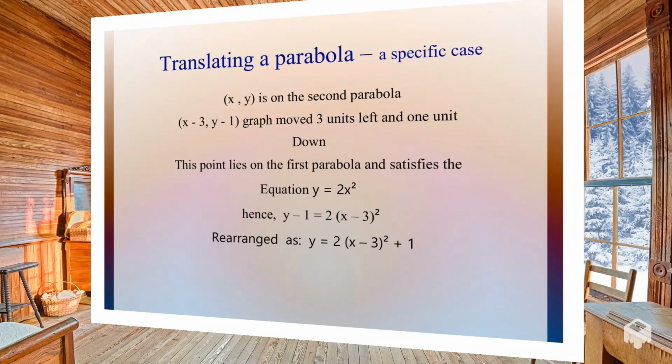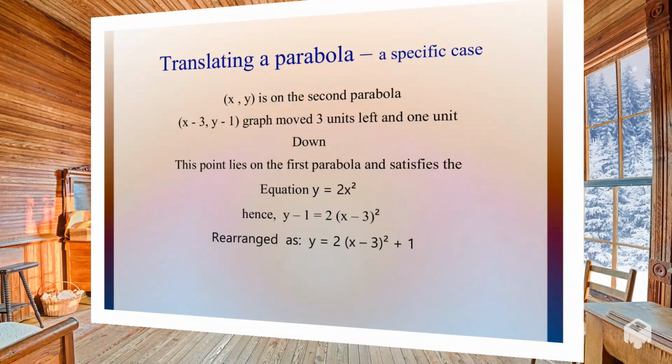And from this, we also know that the point lies on the first parabola and its coordinates satisfy the equation y is equal to 2x squared. We also should note that its origin is at 0, 0, and we can check that by substituting first for x in y is equal to 2x squared and then y, and we see that both x and y are equal to 0.